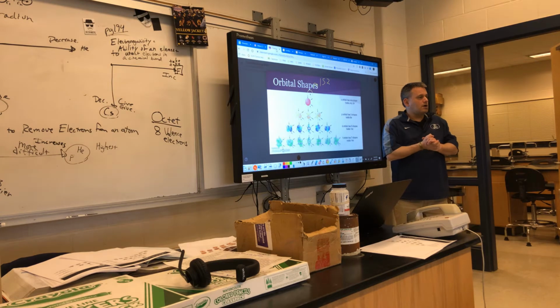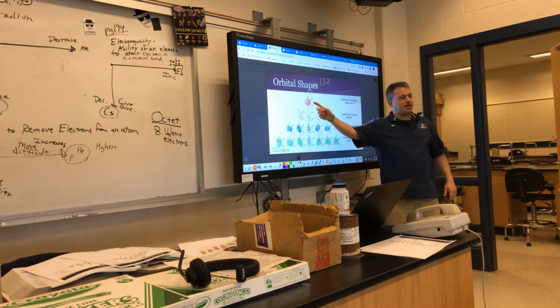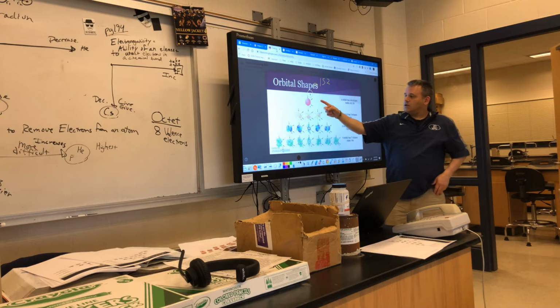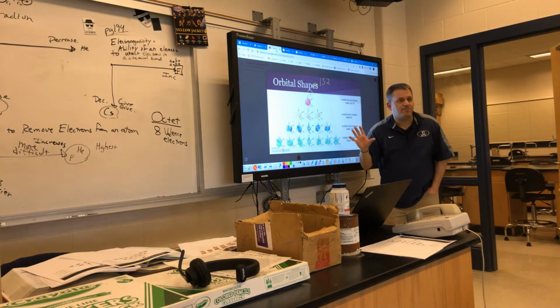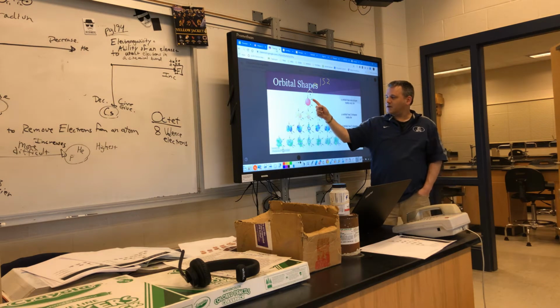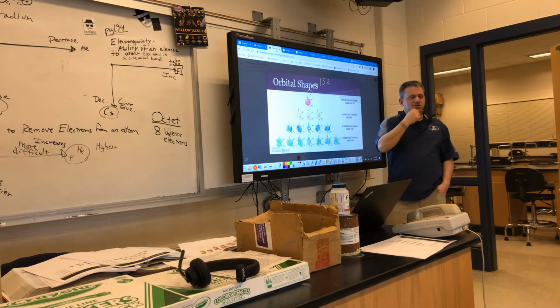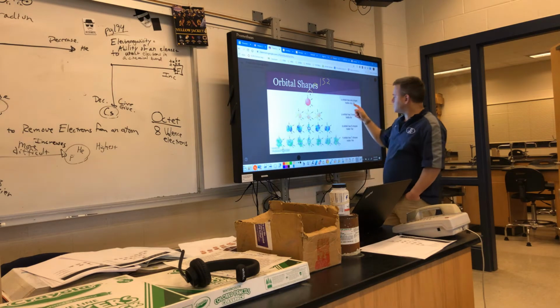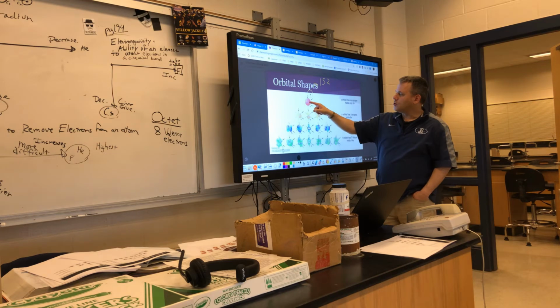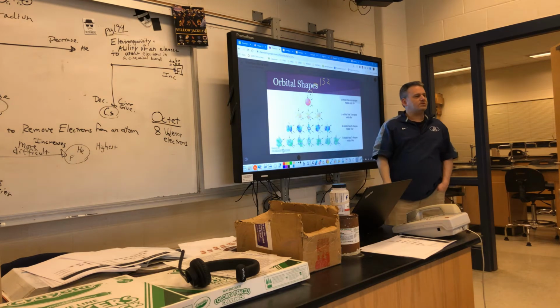Here are the shapes that they make. These shapes were not made by looking at them. These were math guesses. You see this little thing right here that looks like a sphere? That's a shape that electrons fly around in. It says there's 2 in each one, so 2 electrons would be whizzing around making those shapes.